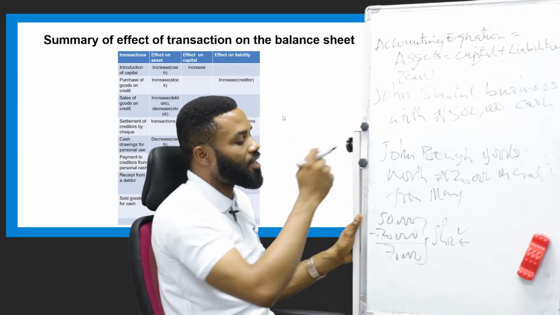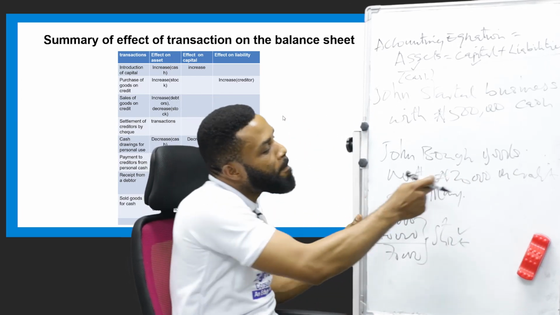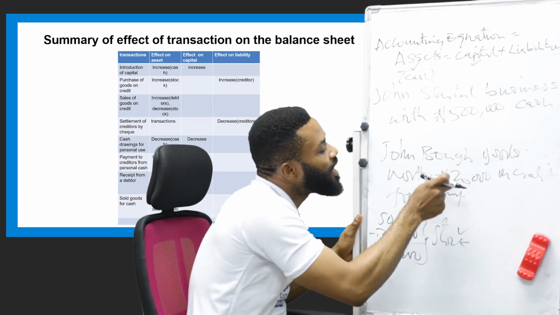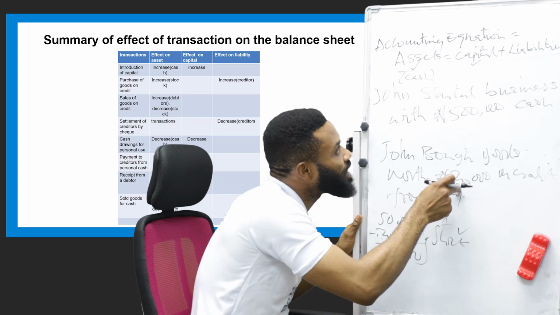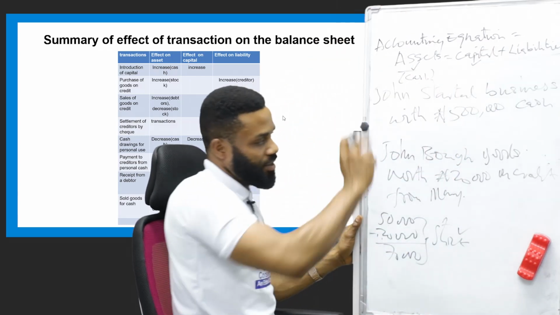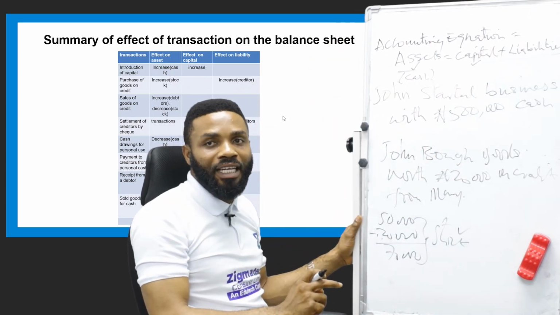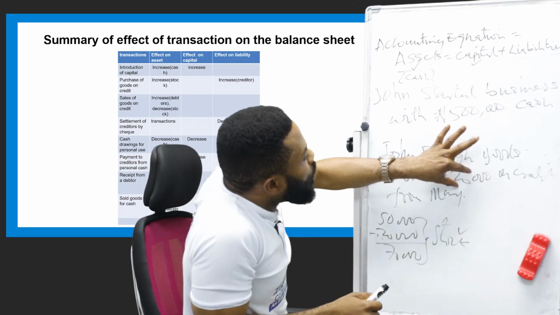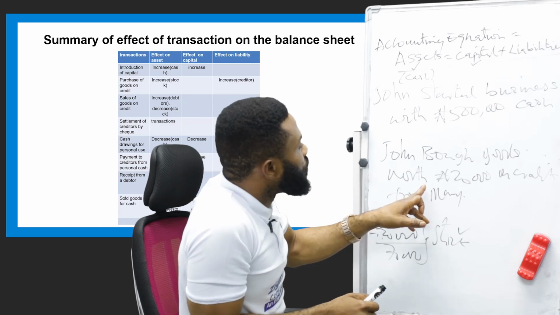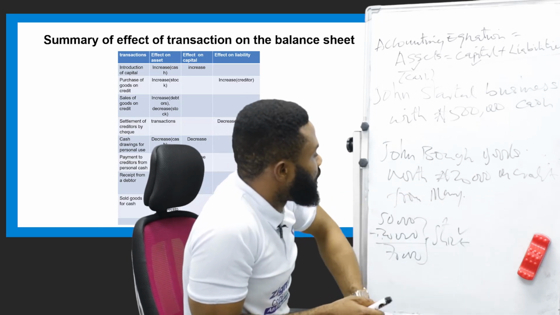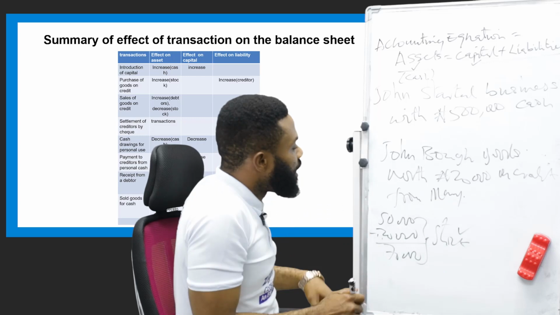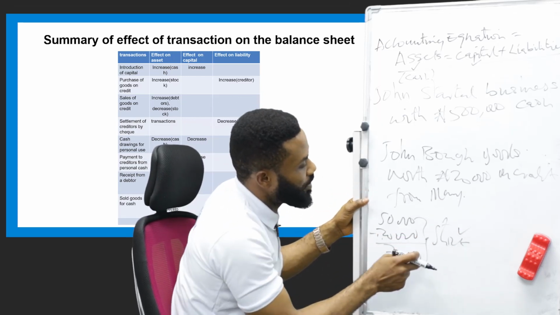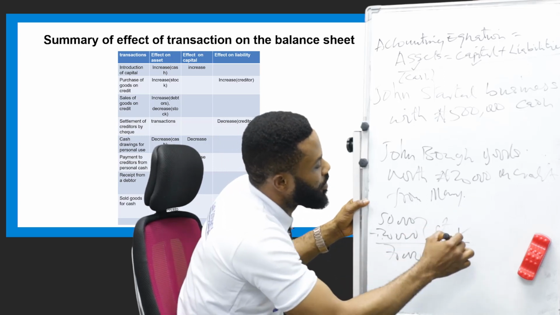Our stock has increased. And then because this person, John, didn't pay, it has also affected our liabilities. Because he bought these goods on credit from Mary, our stock, which is asset, is affected.